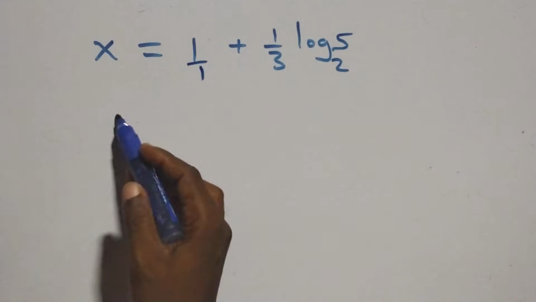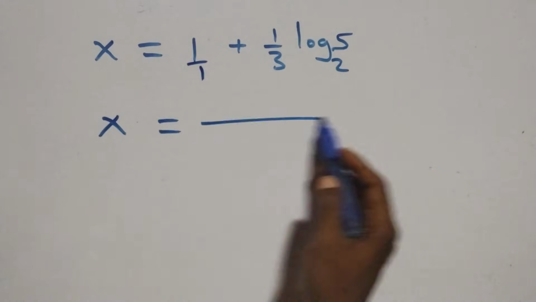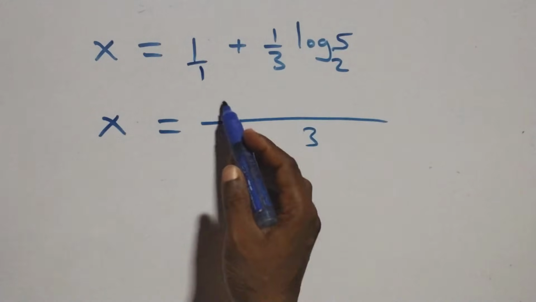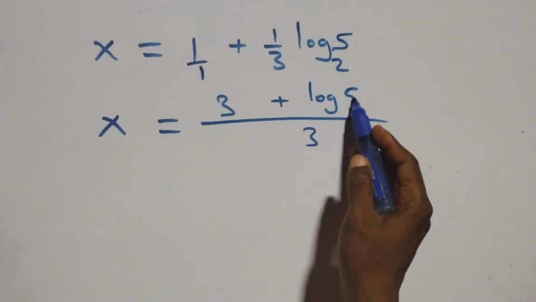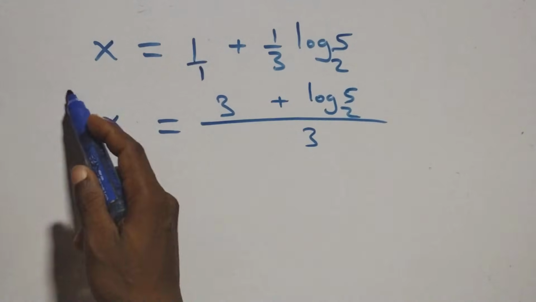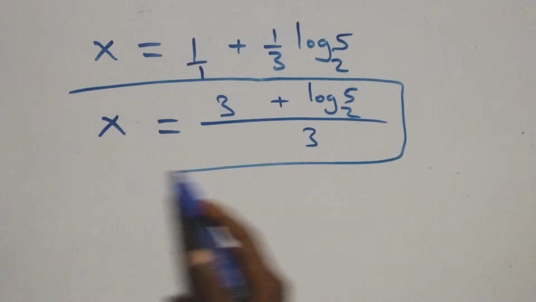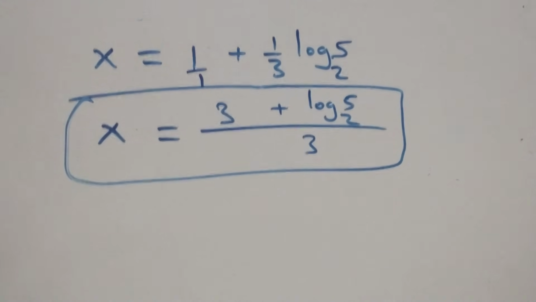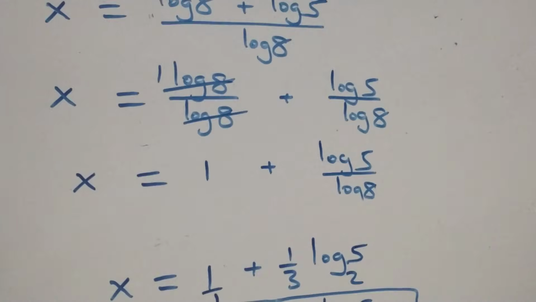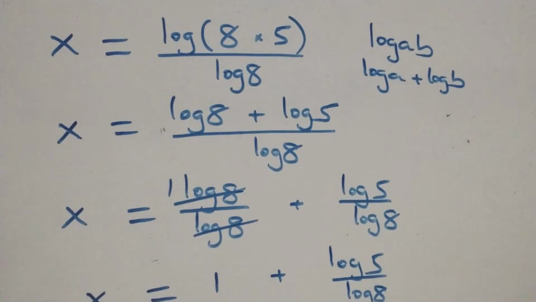This is 1 over 1, so we have x equals (3 plus log 5 base 2) over 3. This is the value of x in this problem. Then let's check if this satisfies the given problem.